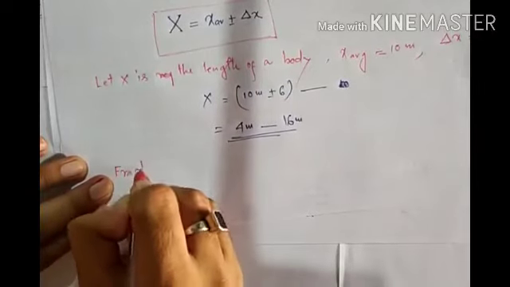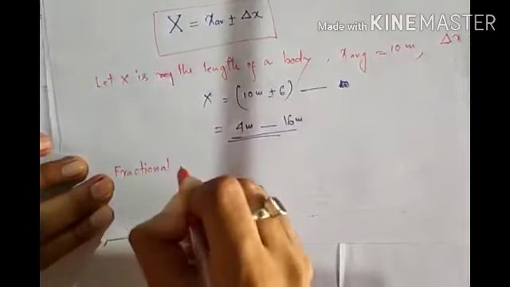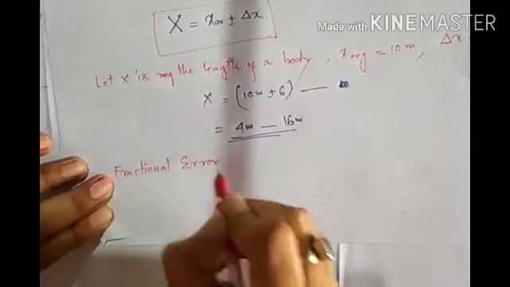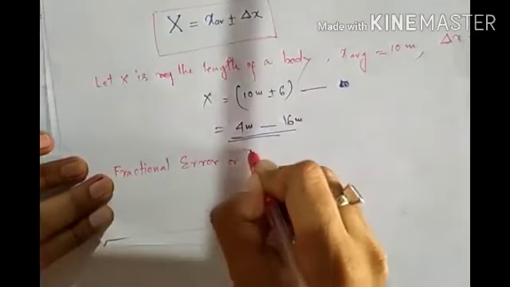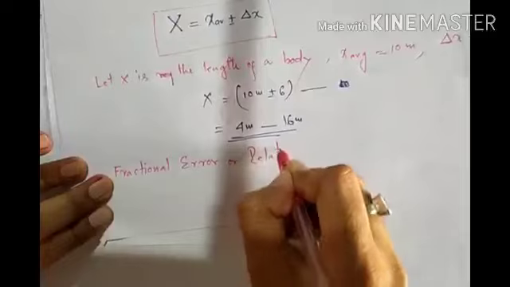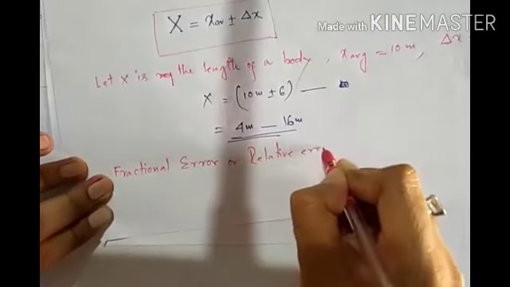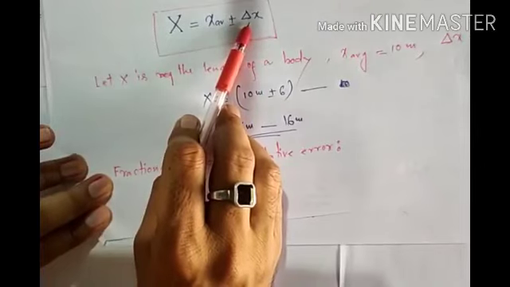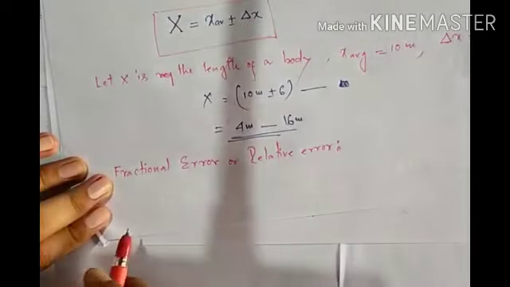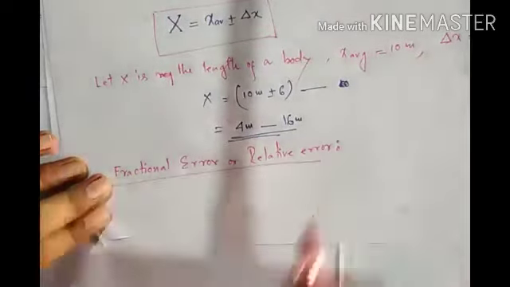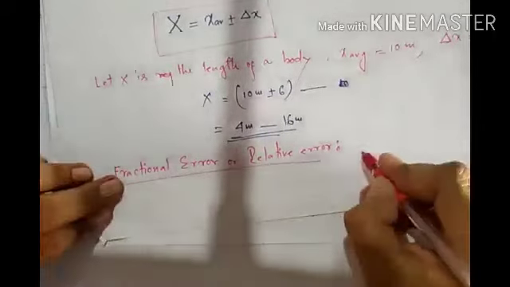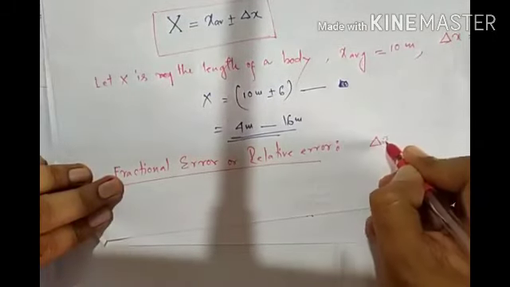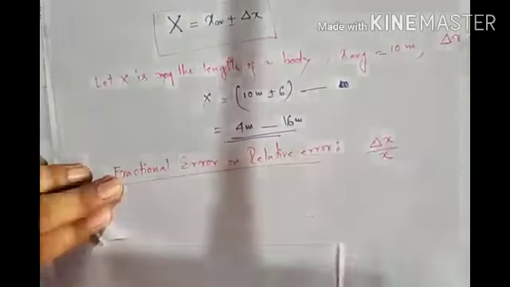Fractional error or relative error. Delta x is the average of absolute errors, the best possible error. Now fractional error or relative error is nothing but delta x by x.